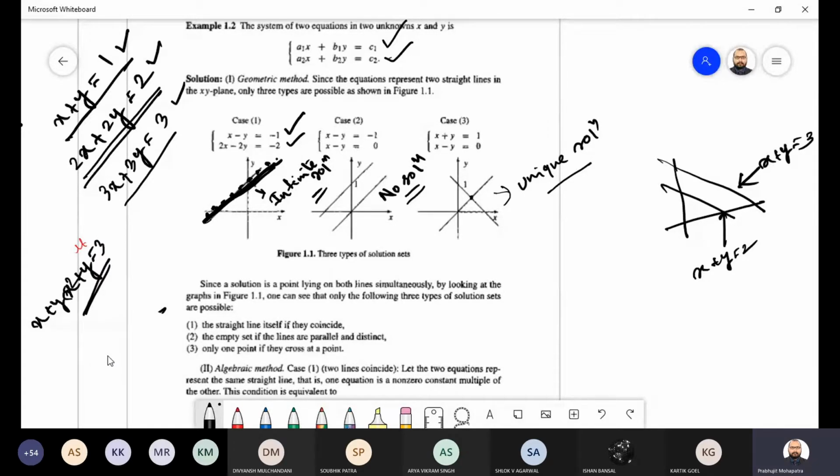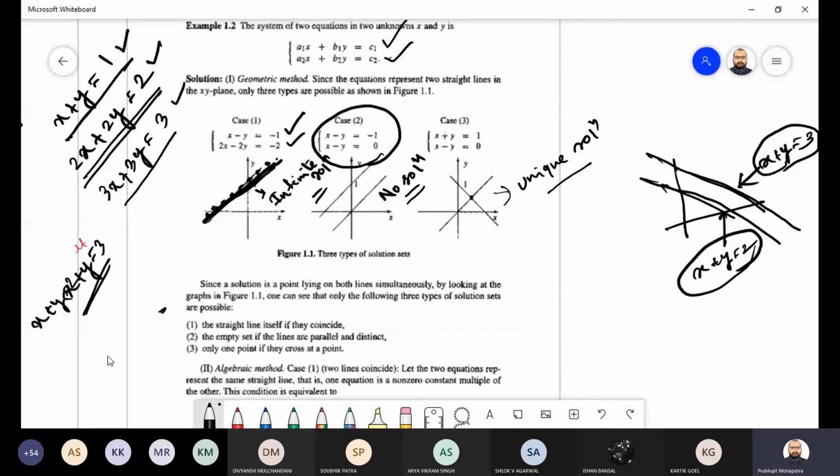These two straight lines are parallel. They will never touch. So there will be no common point. There will be no solution which will satisfy both the equations. At that time, there exists no solution. Why no solution? Because there is no common line. They are never touching each other.